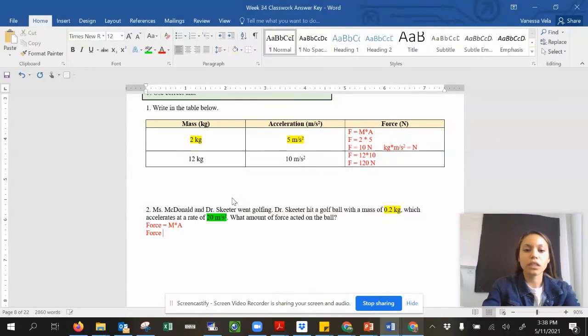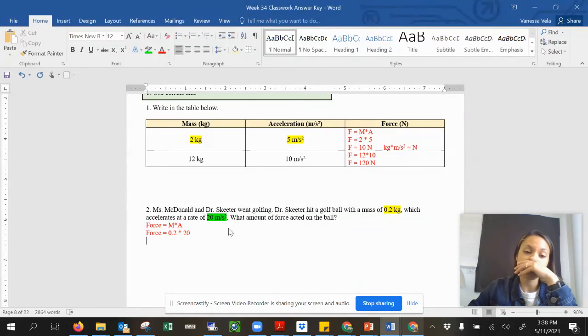So force equals the mass, which is 0.2, times the acceleration, which is 20. Don't worry about the units right now because they're going to work out to something else. Now, what is 20 times 0.2? You can use calculators.